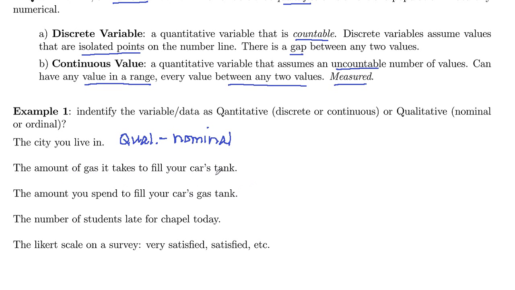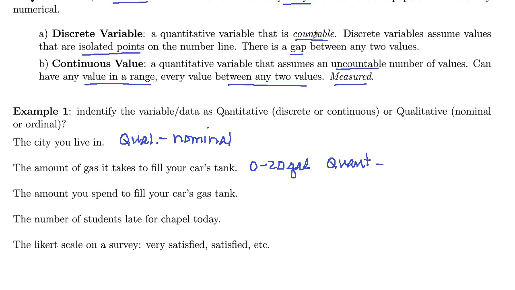So you're going to say, I'm going to fill the tank. How much gas is that going to be? Well, anywhere from, say, 0 to 20 gallons. So it's definitely numerical, so that's going to be quantitative. And then inside of quantitative, we want to know, is it going to be discrete or continuous?